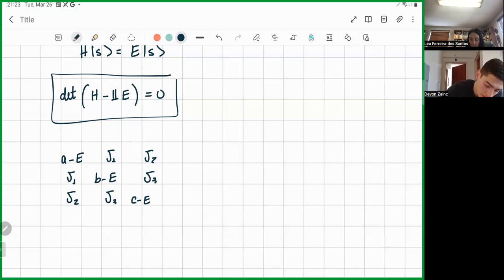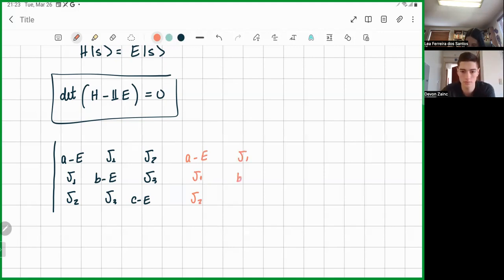Okay, so it's a 3x3 matrix, and we have to guarantee that this is 0. How do we do the determinant? I think many of you are used to doing it like this. This is the matrix, but you repeat the first column and the second column. This is just to support the procedure.